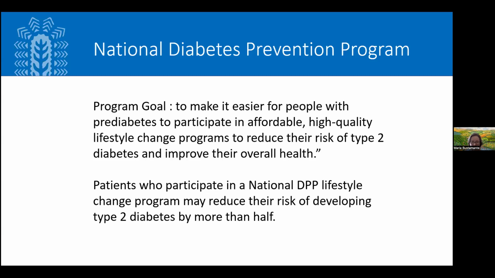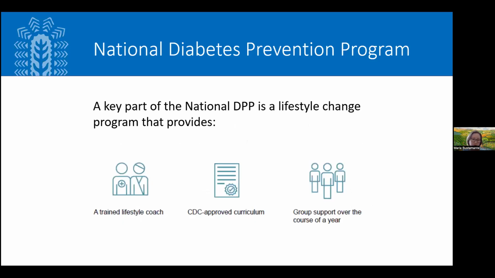So it was a really successful program, and that's why the Diabetes Prevention Program was implemented, and it has a lot of support and evidence-based success in bringing the participants' body weight down by 5 to 7%. So that's the focus.